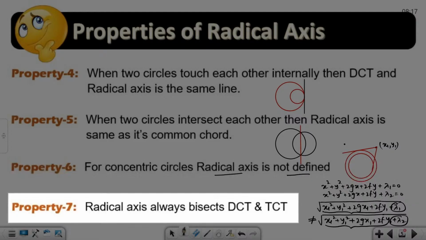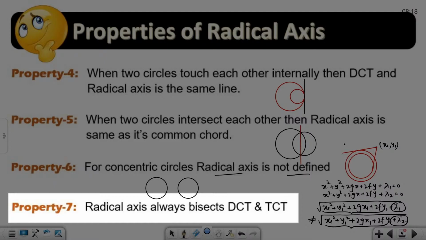And the last property on the radical axis is that the radical axis always bisects the direct and transverse common tangent. If you have the radical axis for two circles, let us say these are the two circles. Let it be anywhere. I am taking two disjoint circles.